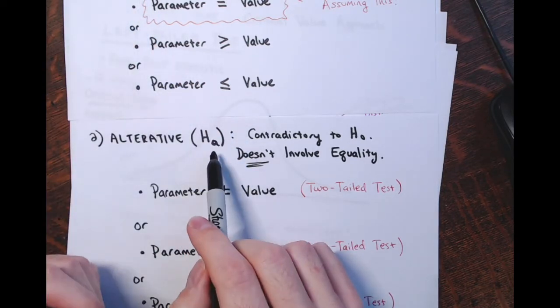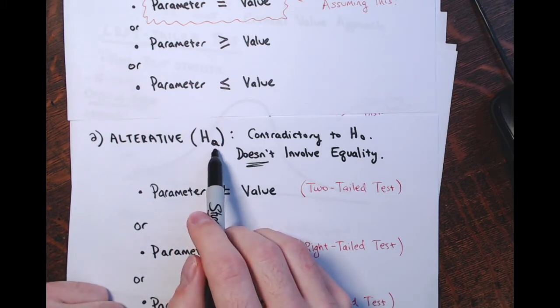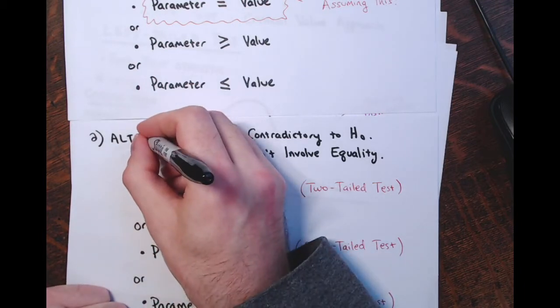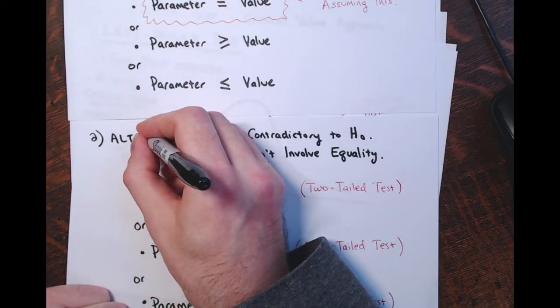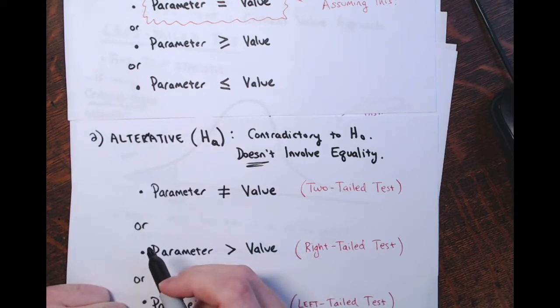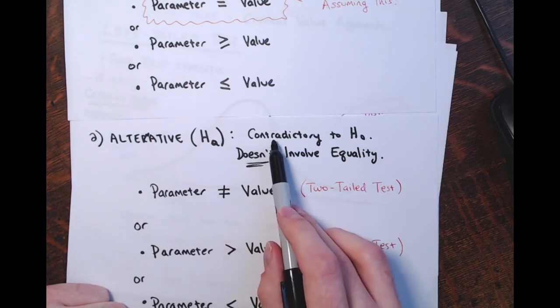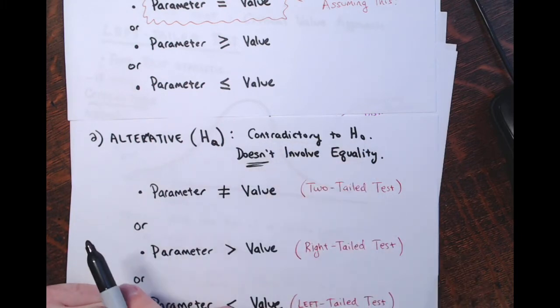But in this book it's Ha for alternative. Anyway, the alternative hypothesis is a contradictory statement to the null hypothesis.